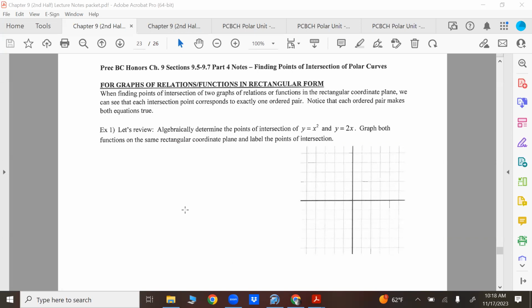You find where they intersect. So we want to know the points of intersection. So I'm going to graph y equals x squared, and y equals 2x. Let's do red for that one.